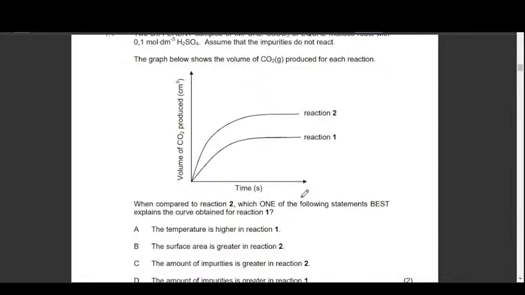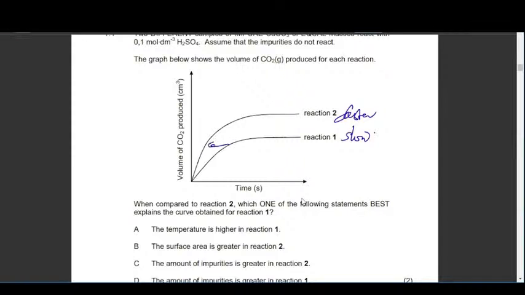Before we go that far, you'll see that reaction 2 is faster than reaction 1. This one is slow. This one is fast. Why? Because it's more to the left.